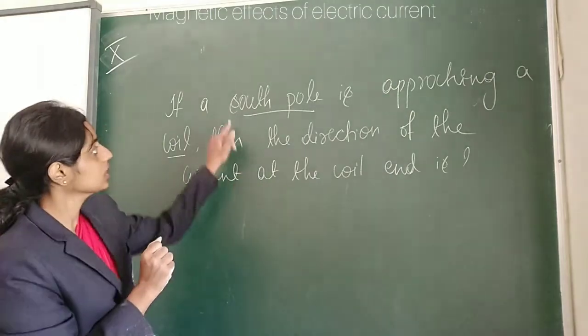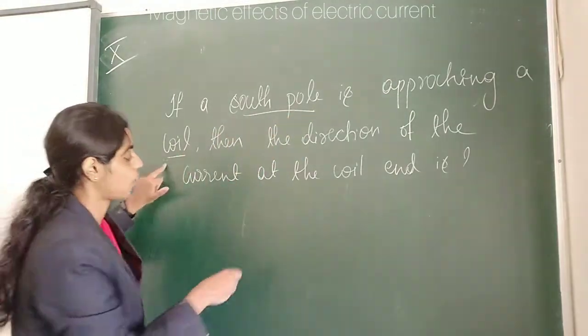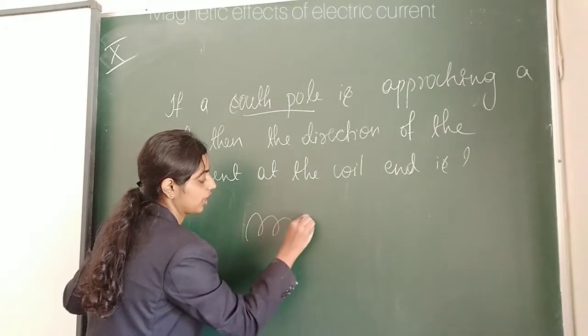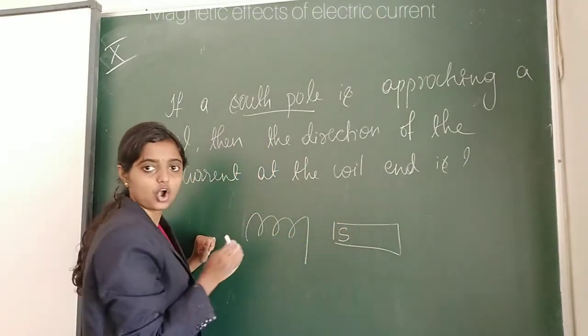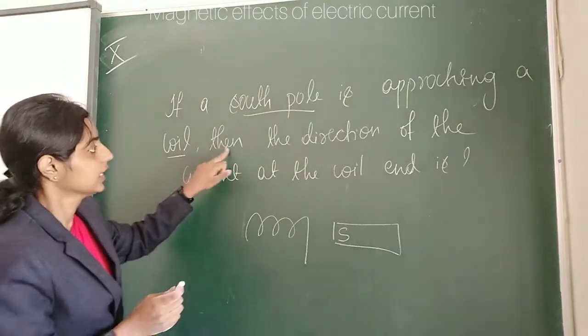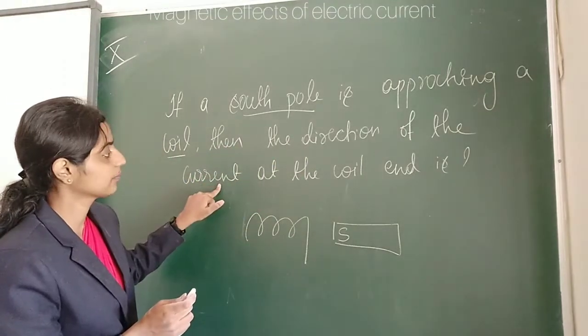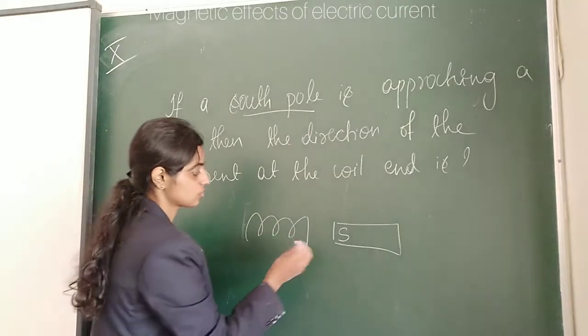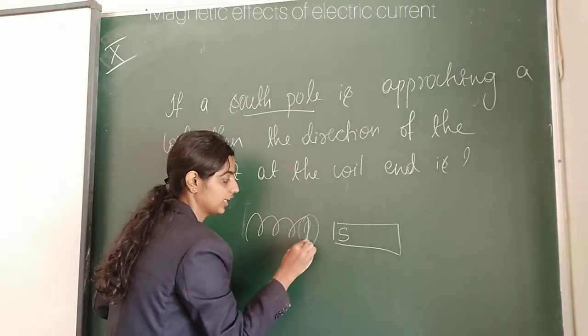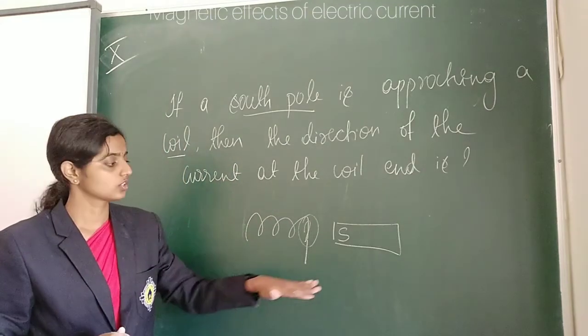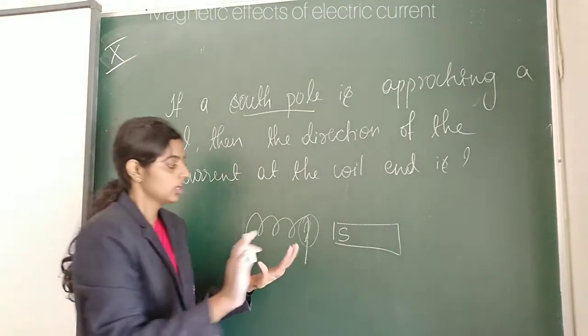See, a south pole is approaching a coil. That means we have a coil and a magnet, and the south pole is approaching the coil. So this is the first statement. Then the direction of the current at the coil end. Since we have taken this side, we need to find out the direction of current in this coil. This is what they are asking in the question.